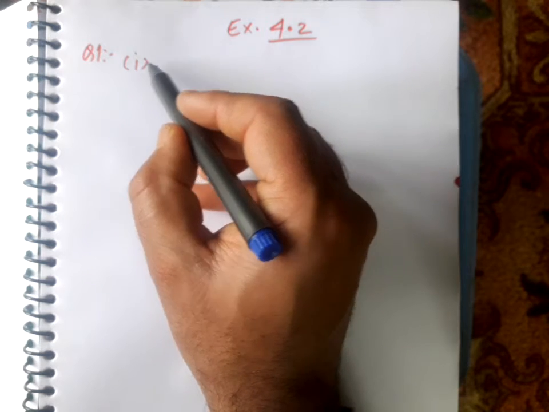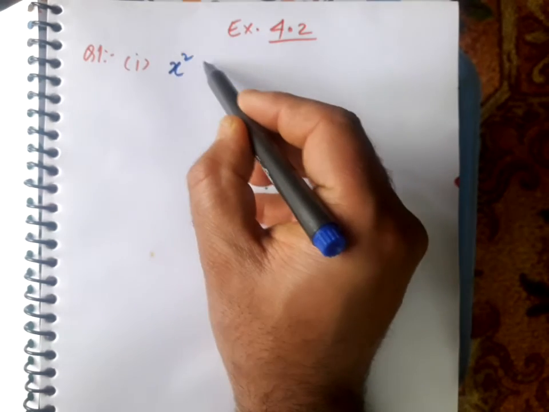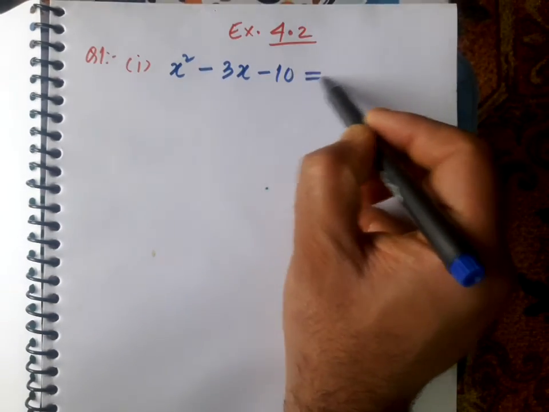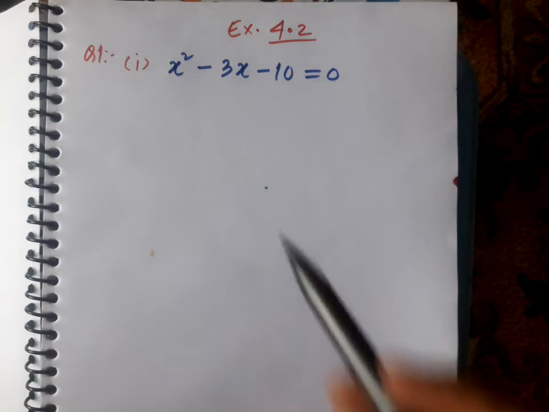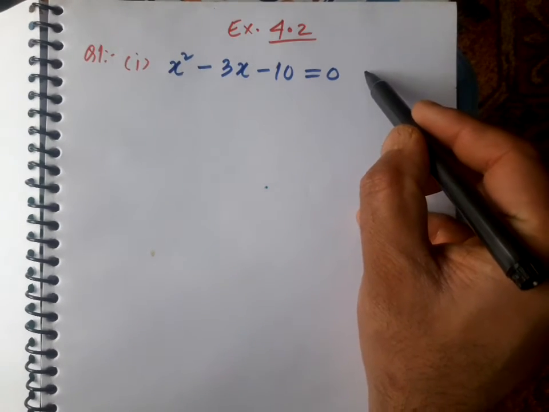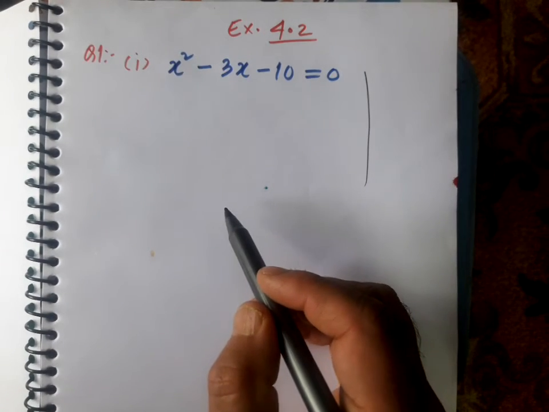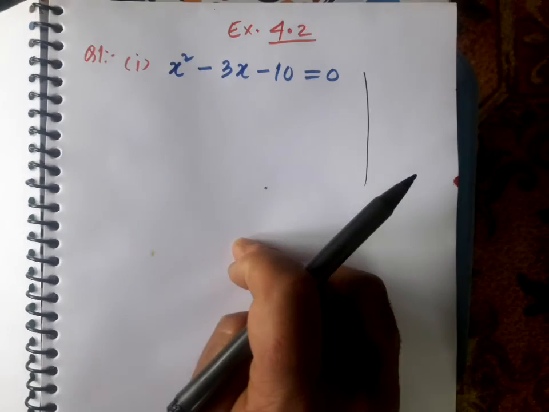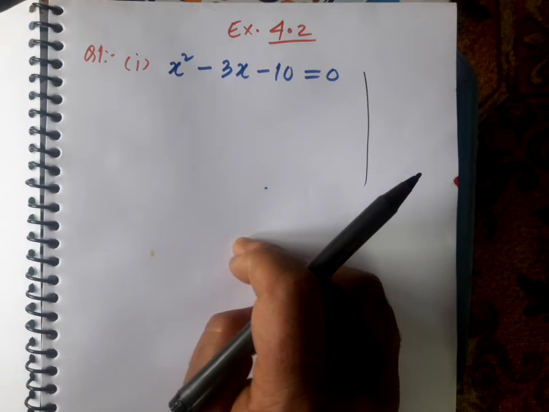Now the first part of the question is x squared minus 3 times x minus 10 equal to 0. Prior to this, we employed factorization to factorize a quadratic polynomial.